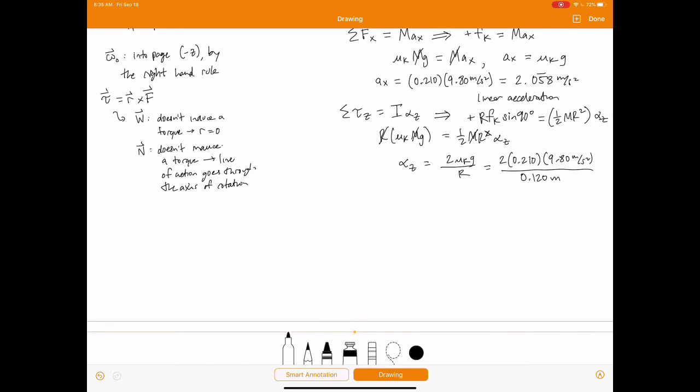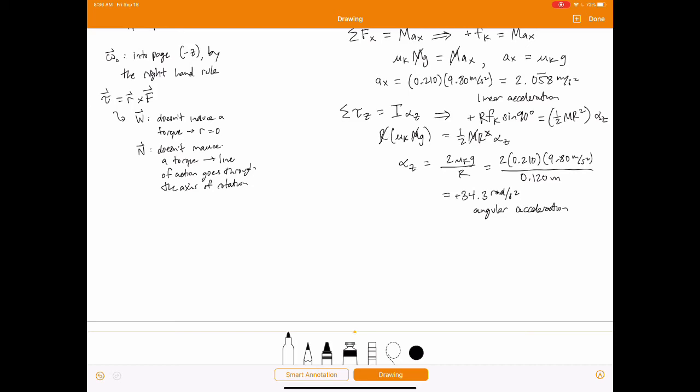Okay, so what does this give us? If you crunch the numbers, you're going to get positive 34.3 radians per second squared. So this is the angular acceleration of the wheel.